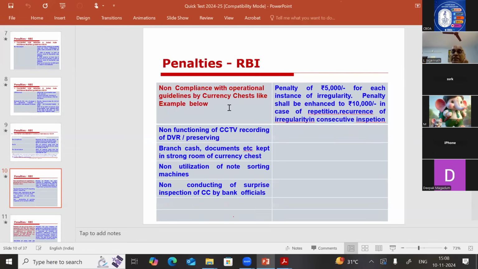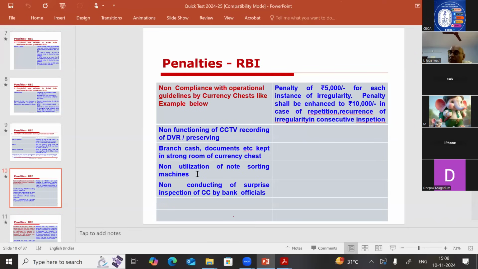Then, this already exists. Non-compliance with operational guidelines by currency chest, for example, non-functioning of the CCTV recording or DVR preserving. Currency chest DVRs are to be preserved for a period of 90 days, as all of you know. So if CCTV is not functioning, DVR is not preserved, or branch cash and documents are kept in the strong room of the currency chest, there is a penalty.